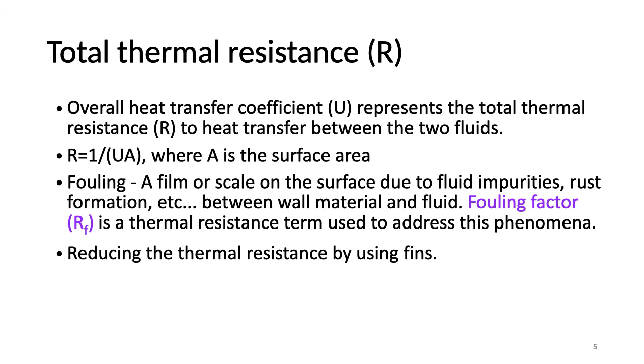Fouling is a film or scale on the surface due to fluid impurities or rust formation between wall material and fluid. Fouling factor RF is a thermal resistance term used to address these phenomena. The resistance to heat transfer can be reduced by introducing extended surfaces, which are called fins. Now let's see how the formulas are developed for calculating the total thermal resistance.